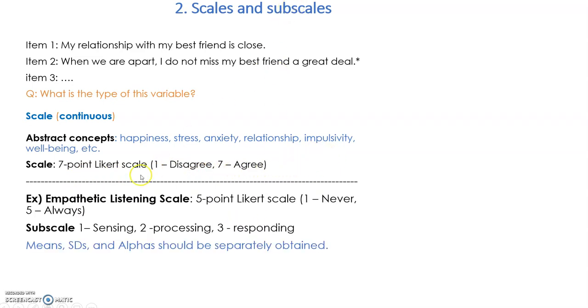About the subscale, we saw one example in lab assignment number 4. One scale variable called the empathetic listening scale is constituted by three subscales. You have to provide the mean, standard deviation, and alpha of each subscale to complete the one scale variable.